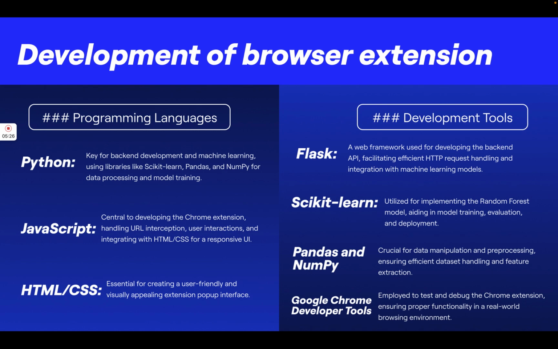Flask, most especially, was a very vital decision because the Flask API works hand in hand with error handling and HTTP requests and responses. Scikit-learn, pandas and NumPy were another wonderful choice. And Google Chrome developer tools was the best alternative for a browser because of how universally accepted it is.